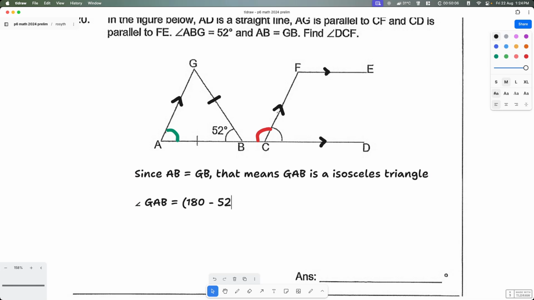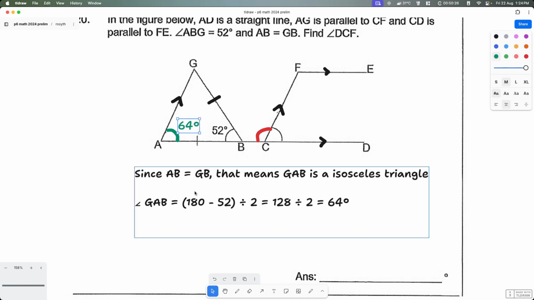180 minus 52 is equal to 128, divided by 2. I forgot the divide by 2 part. This will give us 64, so GB itself here is 64 degrees. Now the next part is we want to find angle ACF.